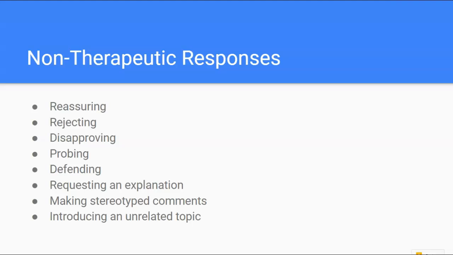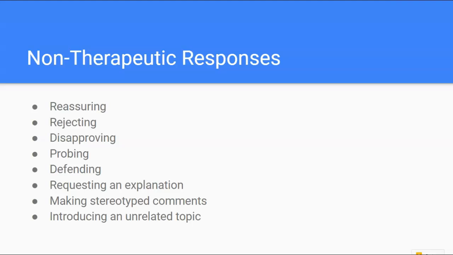So reassuring: yes, it sounds like a therapeutic response, but sometimes it's not correct. Telling a patient everything's going to be all right when you do not know if that's the truth, right? Yes, it is a reassuring response, but it's really not truthful and it's not therapeutic.